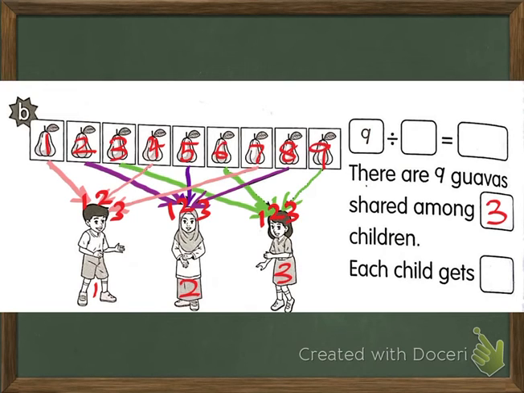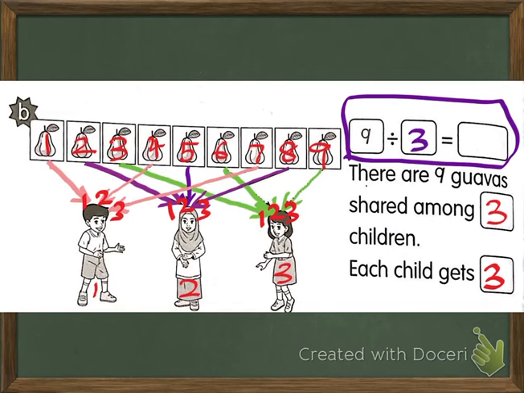They are equal, right? So each child gets 3 guavas. So how to write it in the number sentence over here? Okay, number sentence. 9 divided by 3 equals 3.